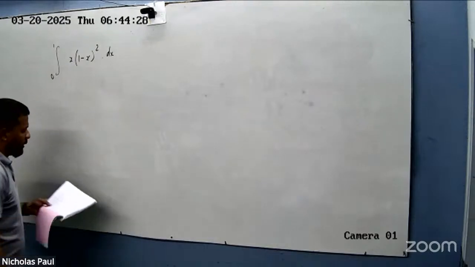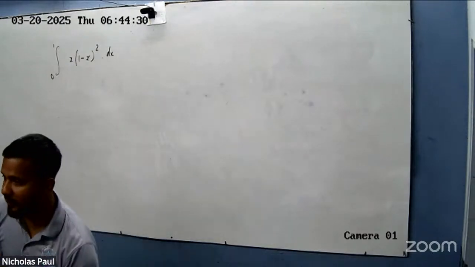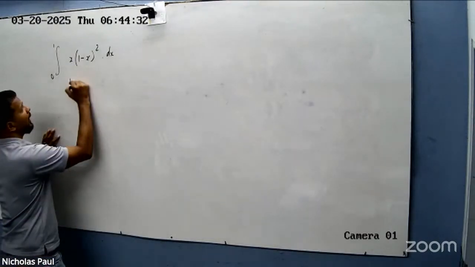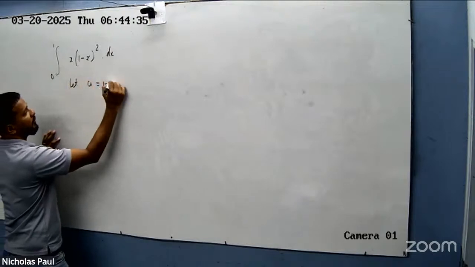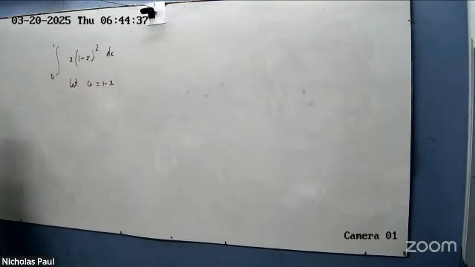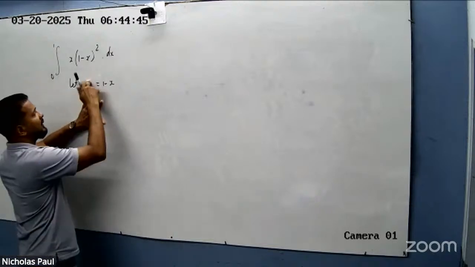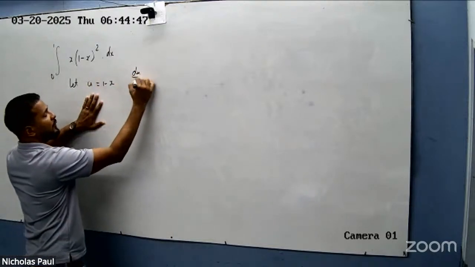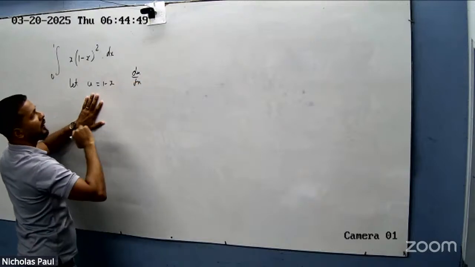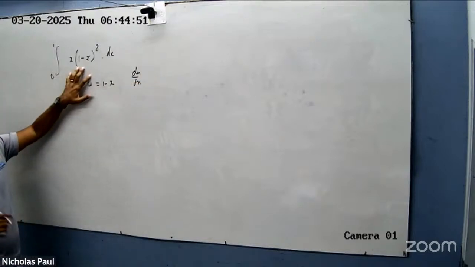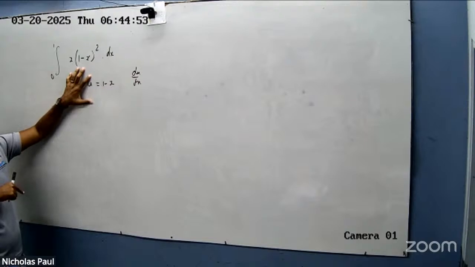Alright, suppose we had to integrate something like this, but they told us to make a substitution. How would you integrate it? What is the first thing to do? You have to find du dx, and then after you find du dx, you make a substitution.